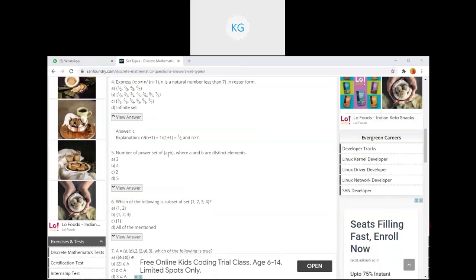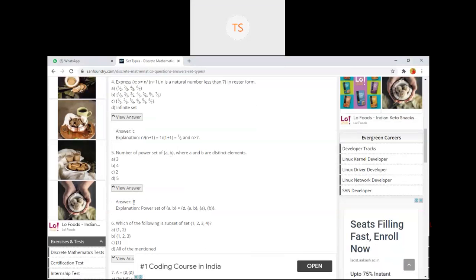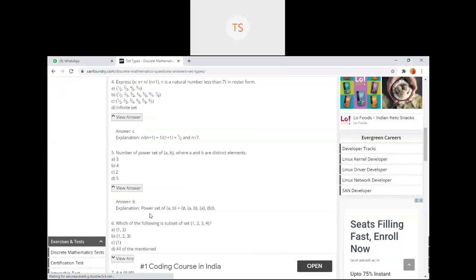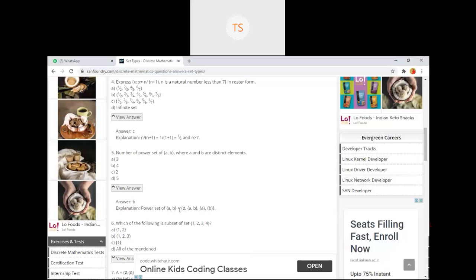The set has two elements, so the power set has 2 squared, that means 4 elements. Here the explanation is given. Option B, that is 4. The power set of {A, B} is the empty set, {A}, {B} and {A, B}. Or you can use the direct formula, 2 squared is equal to 4.